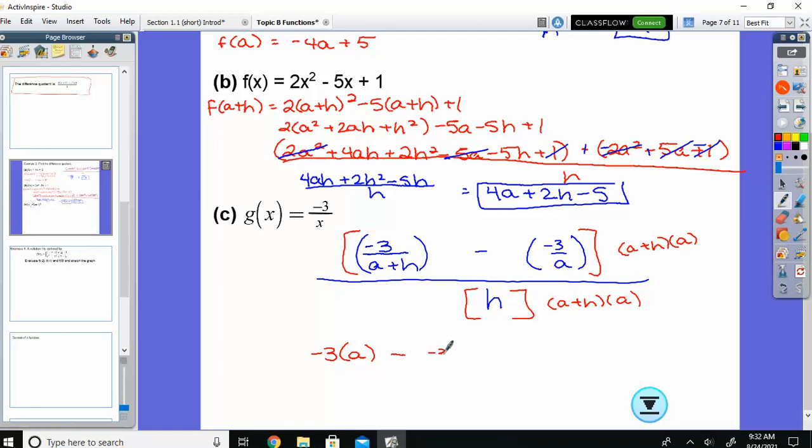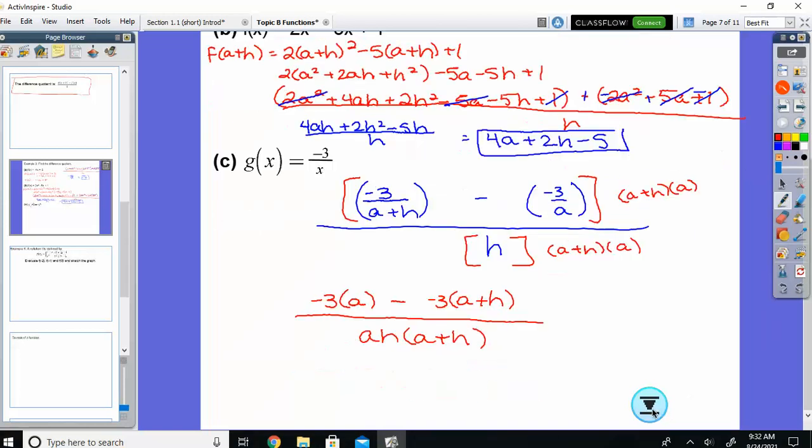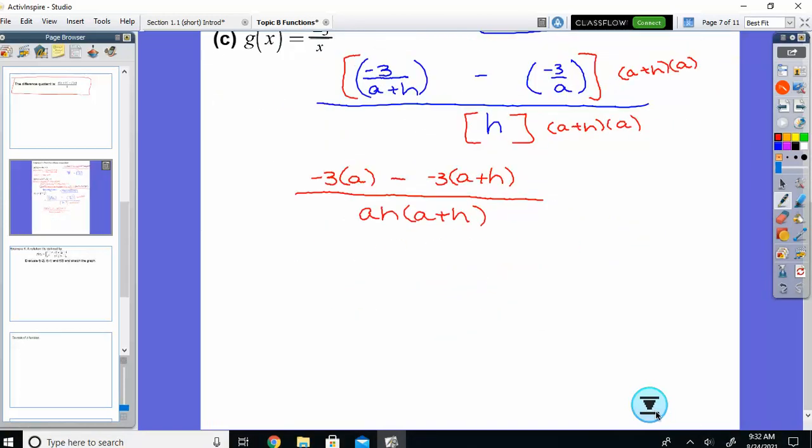Minus, in this one, the a's would cancel, so we have the negative 3 times the a plus h. And on the bottom, we have all of it, an a, and an h, and an a plus h. So we kind of took one big leap and got rid of a lot of nastiness. Did everyone follow what we did there?